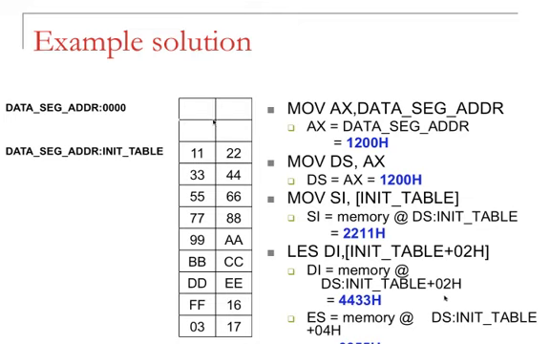Since we took 4 bytes, this 02 here should plus 4 in order for us to get the value for ES. So in that case, we're going to load the value from DS:init_table plus 6, and we're going to take 2 bytes and put them into ES. So in that case, ES will have 8877. Is this clear? Okay.